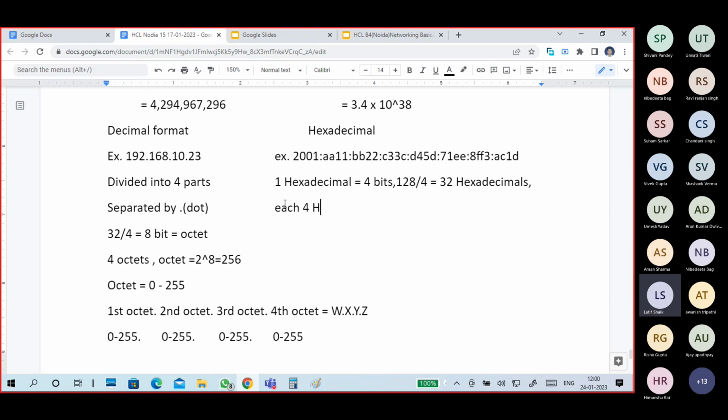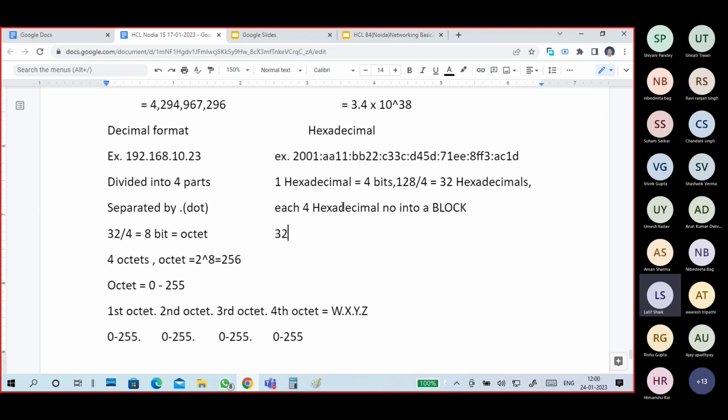Each 4 hexadecimal numbers are divided into a block, 4, 4.